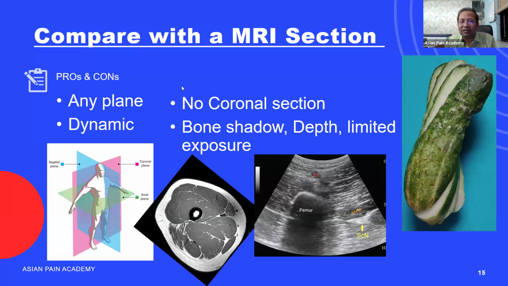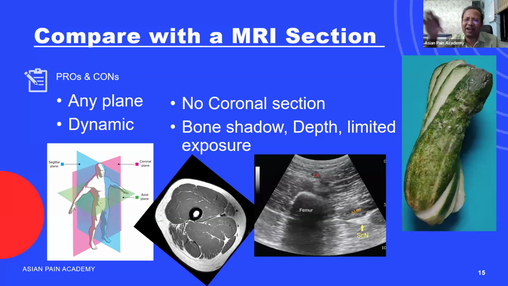But what are the disadvantages? No coronal section. We cannot take a coronal section. Second thing, bony shadow. For those who are doing ultrasound, bony shadow is our enemy as well as our friend. How? Enemy because the ultrasound wave doesn't pass across the bone, so it is becoming an enemy. But it also tells us which area of the bone your probe is on.